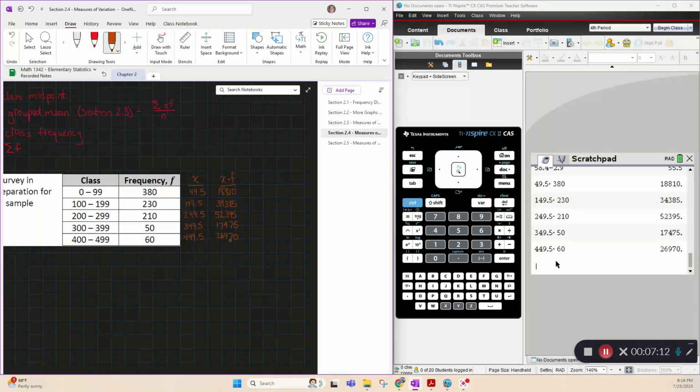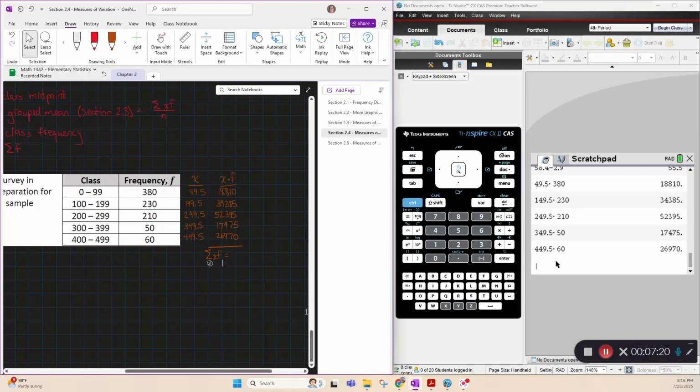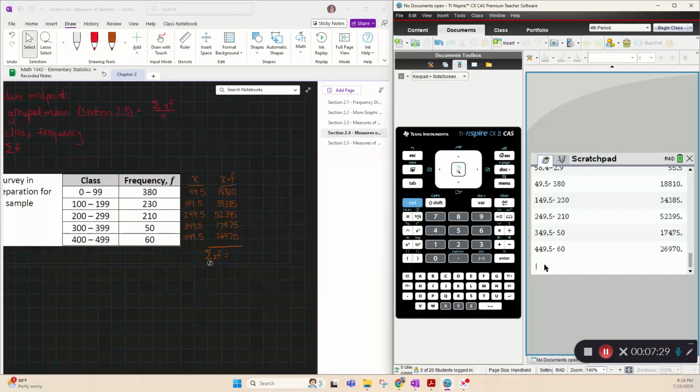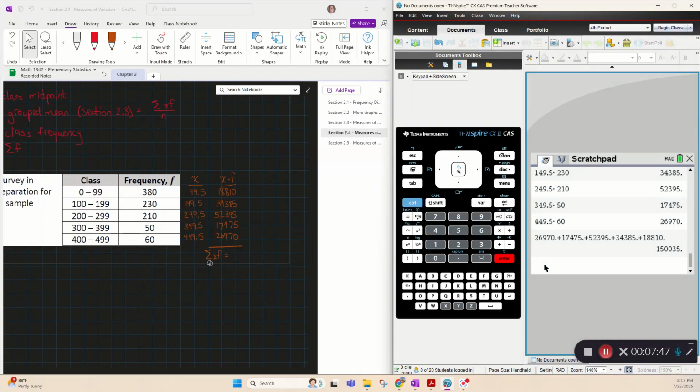Okay, so now I need to get the sum of the XFs. I add those up, plus, plus, plus, plus. This is 150,035.